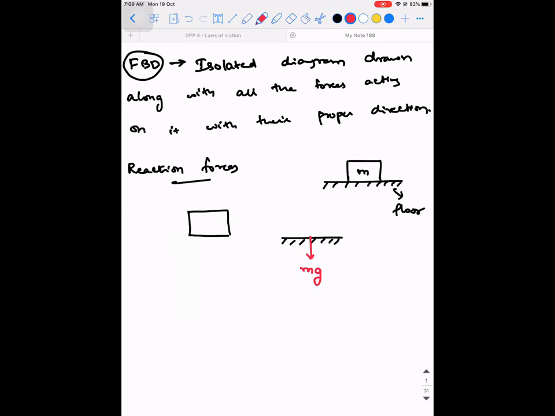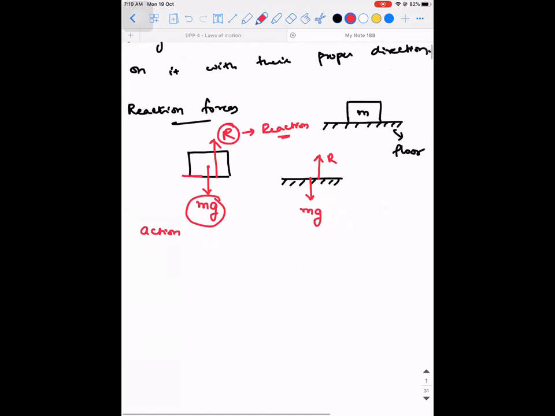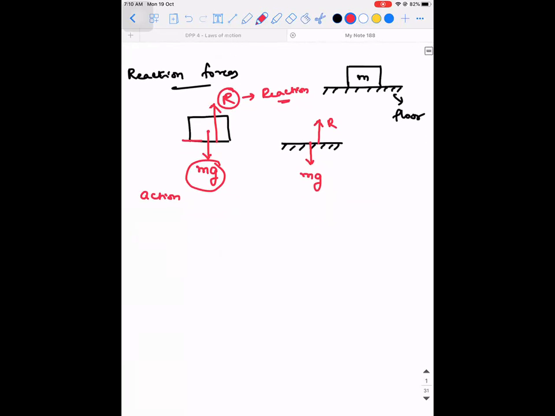And what will balance it? The floor will try to give a reaction force in the upward direction. Accepted? The weight of the block will act downwards, and at the bottom the block will experience a reaction force. So one thing is clear: if you call mg the action of the block, R will be the reaction offered by the floor on the block. This is a very, very simple concept that you already know. Okay, next.